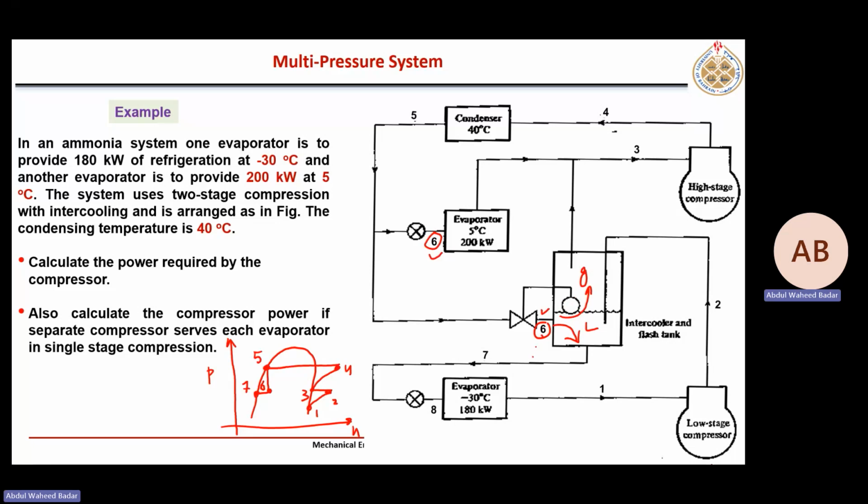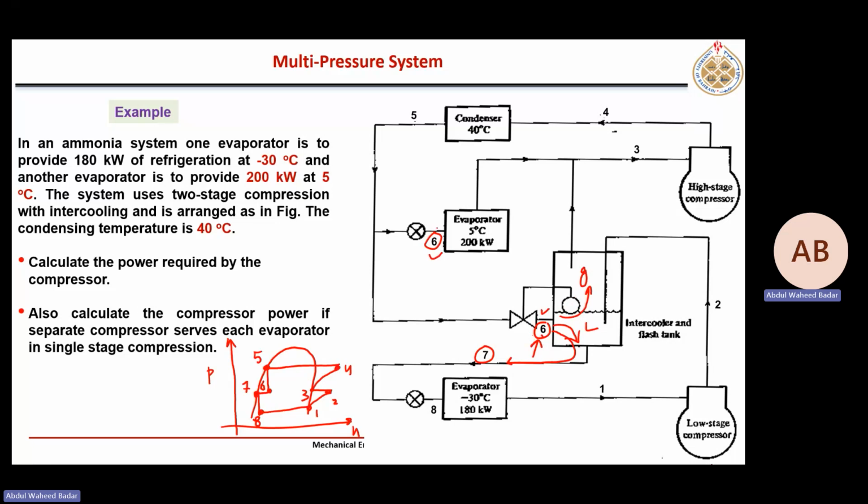Which 6? This 6. And 7 to 8, we have another throttling till point 8, and 8 to 1 is evaporation.